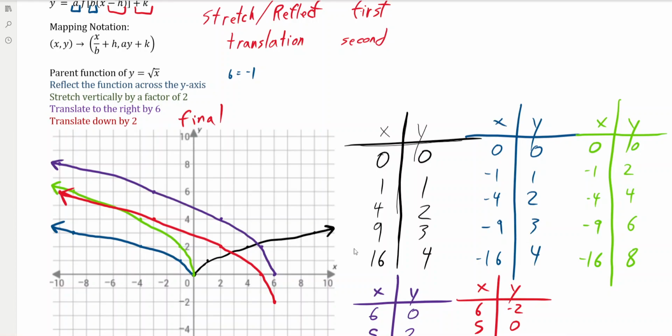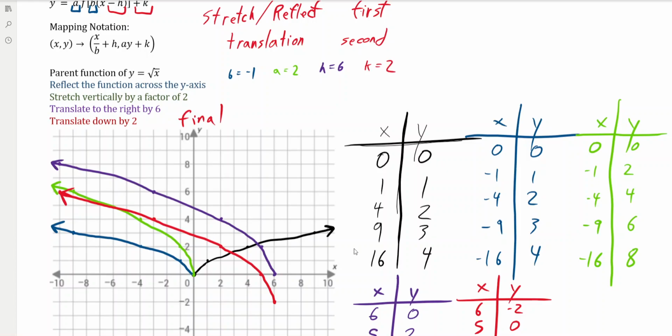Okay? If it stretches vertically by a factor of 2, a is 2. If it translates to the right by 6, h is 6. If it translates down by 2, then k is negative 2.